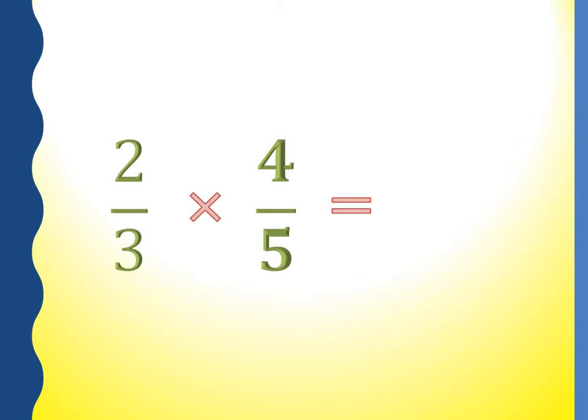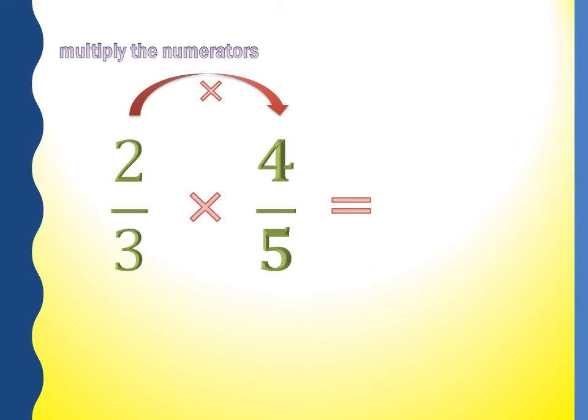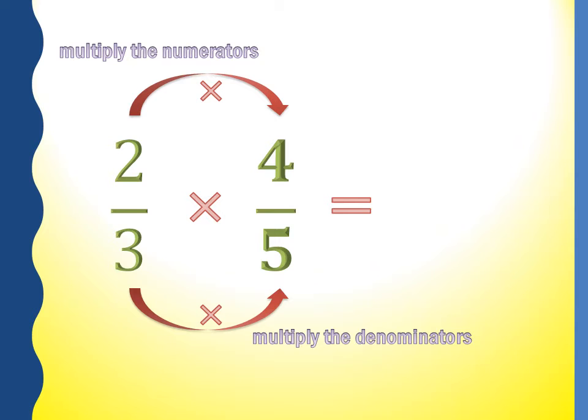Just multiply the numerators and multiply the denominators. For example, here the answer will be 2 times 4 equals 8 in the numerator, 3 times 5 equals 15 in the denominator.